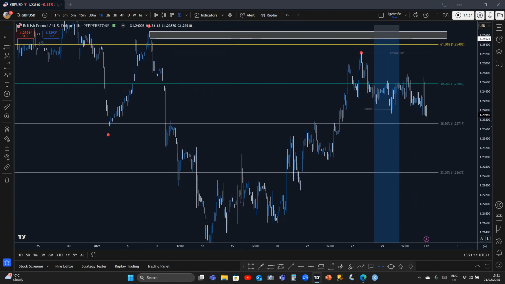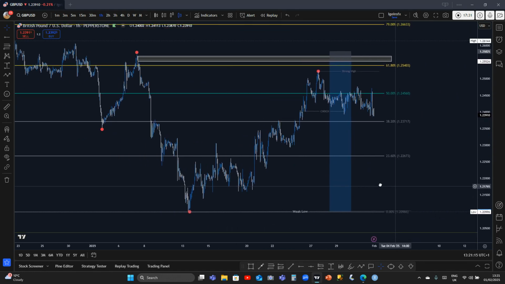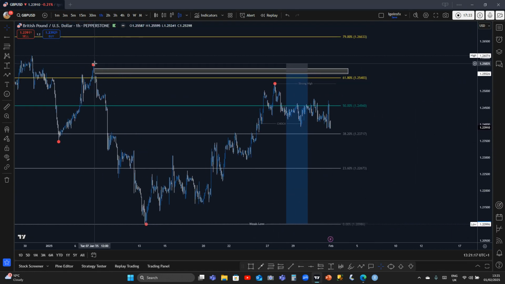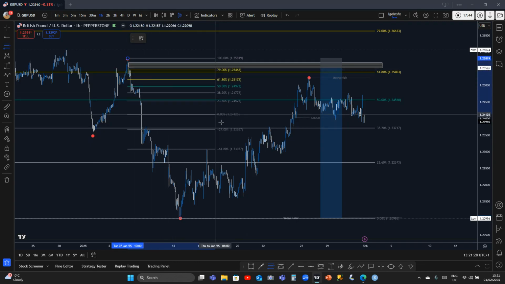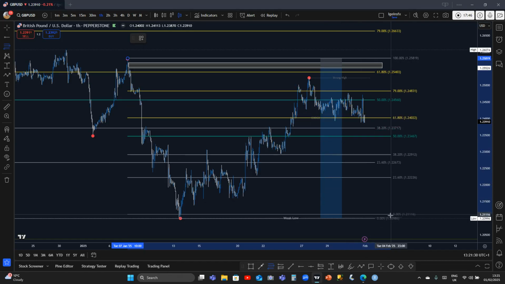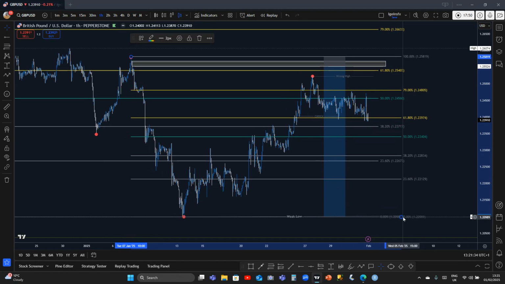But if you want to use this point here to plot your own Fibonacci tool, there is nothing wrong with that. All you need to do is bring out your Fibonacci tool, place it at this strong high here, drag it, put it at this weak low.